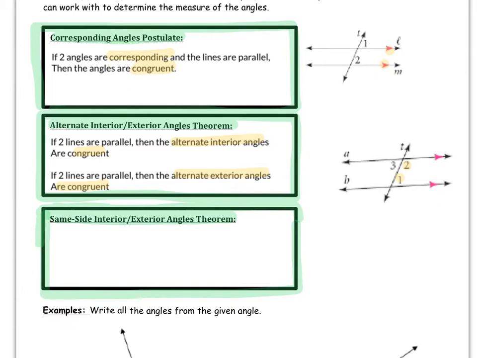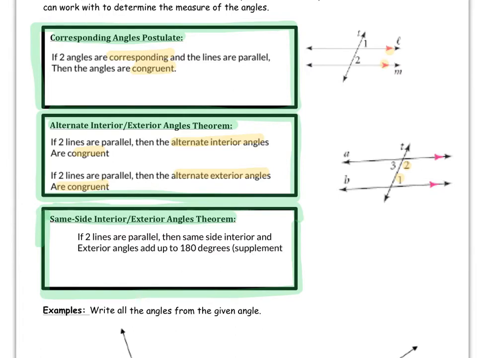Same side interior angles actually tell us if two lines are parallel, then same side interior and exterior, so we don't have to write it twice, add up to 180 degrees, which essentially means they are what?